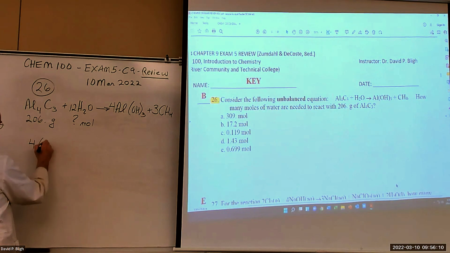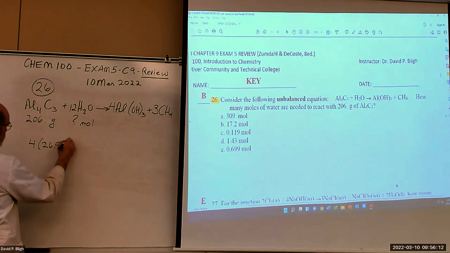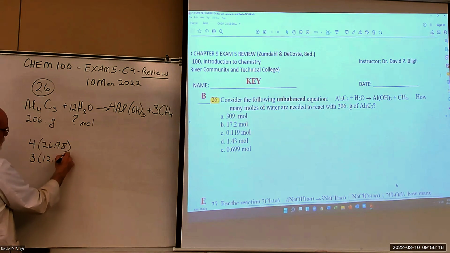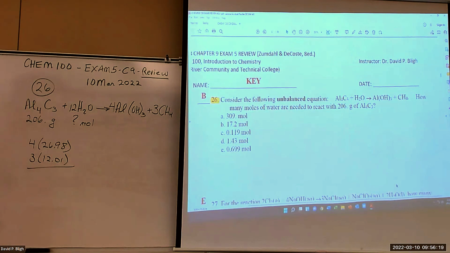So 4 times 26.98, and then 3 times 12.01 will give us the molar mass of aluminum carbide. Add together, I get 143.95.